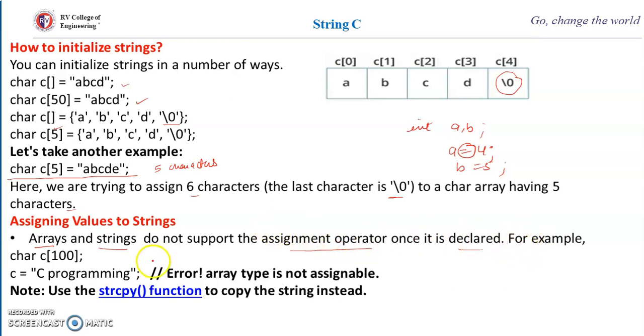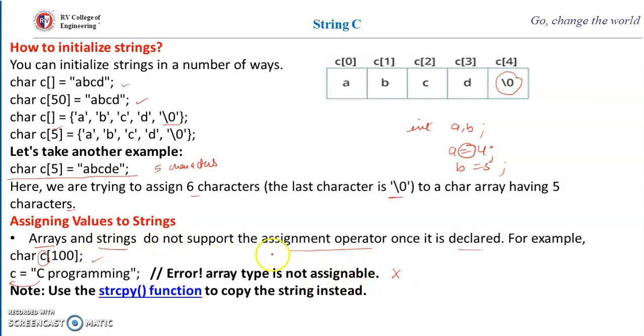For example, if this is the character array, name is C, and we want to assign some string to the array. We write C is programming, the string enclosed in double quotes, assigned to C. That cannot be done, it will give an error because array type is not assignable.